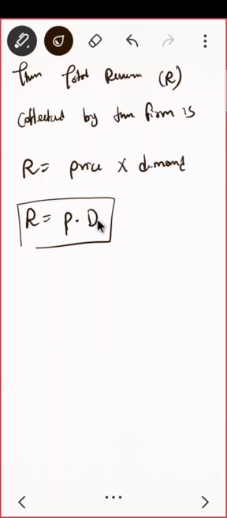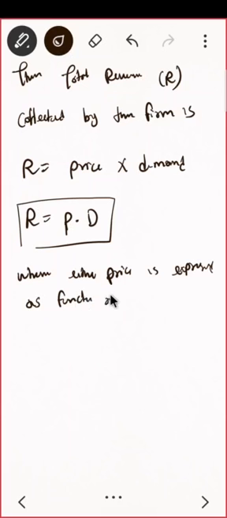Sometimes, I will just mention it, price is expressed as a function of demand D or output X. So sometimes you'll see that R equal to P into X is also written.